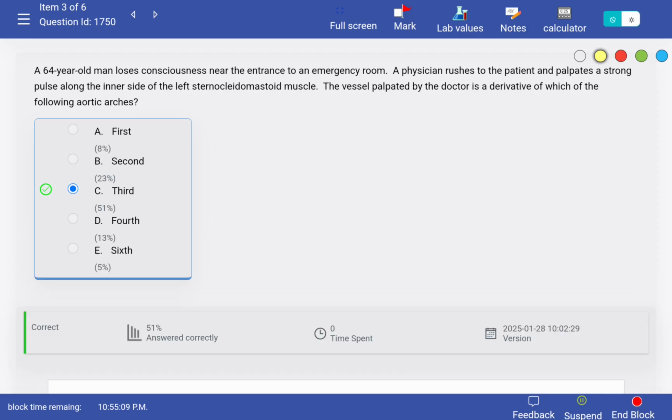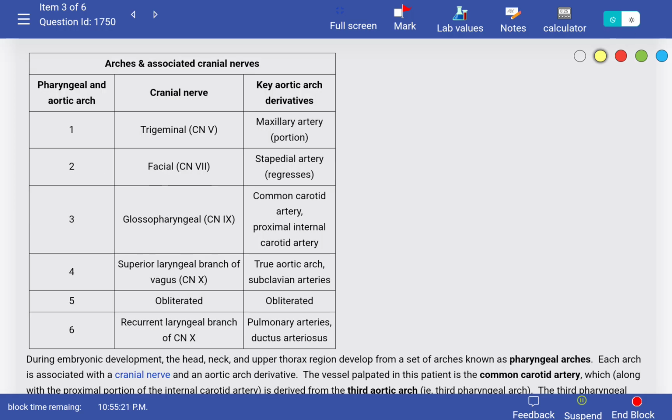Let us see the explanation. This question is really important because it's asked many times, okay? So if we look at the pharyngeal arches and associated cranial nerves, pharyngeal and aortic arch, with cranial nerve and then key aortic arch derivatives, all these are important.